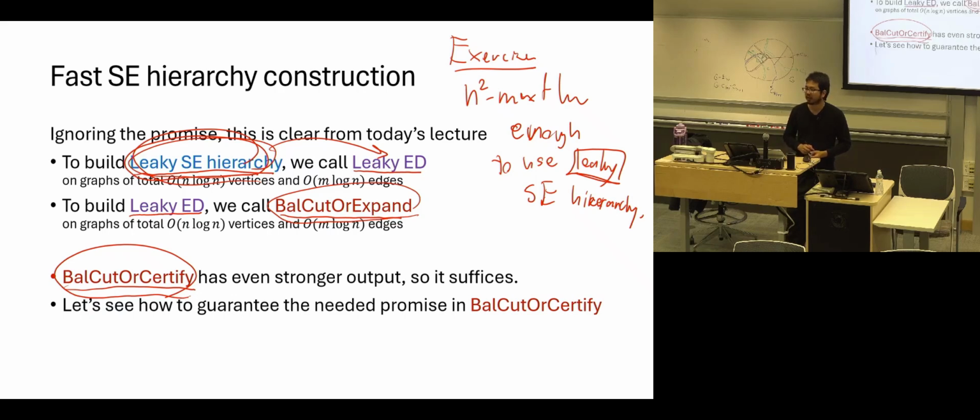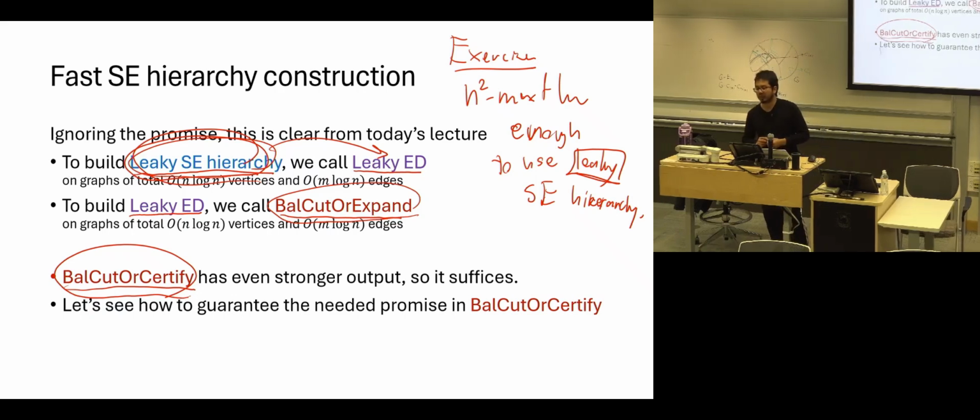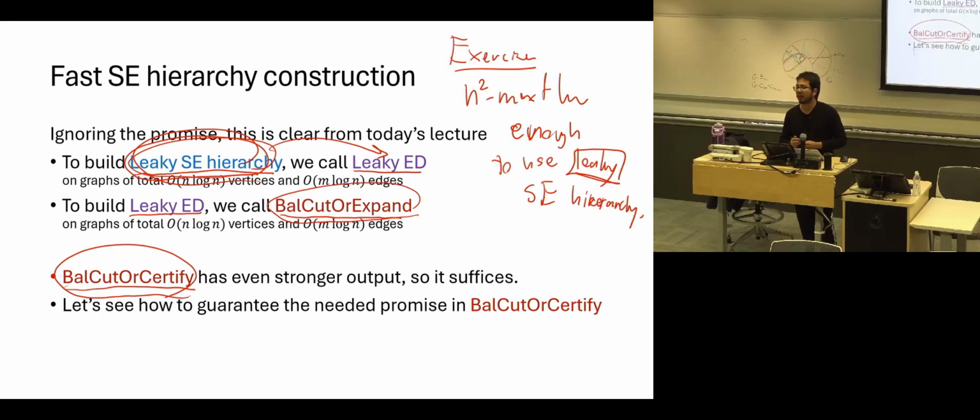Yeah. So if we did get an m polylog n time max flow, would there be an advantage to using leaky ED here? If there is a max flow that is fast already, what's another application of leaky ED? Yeah.